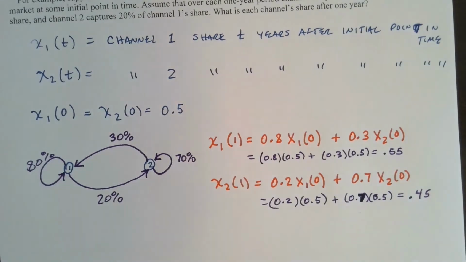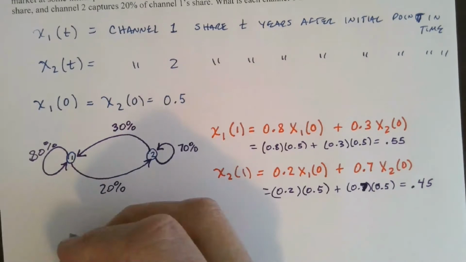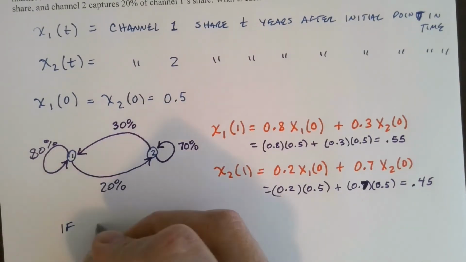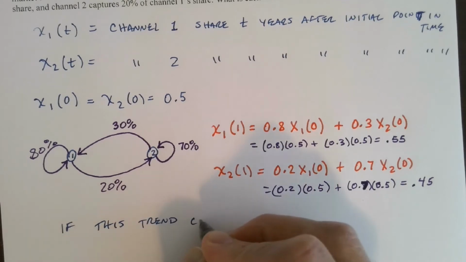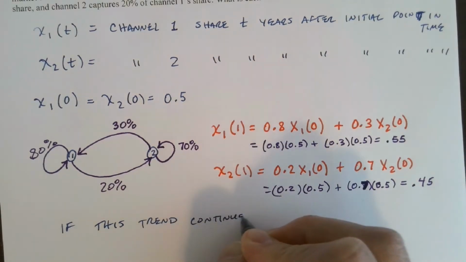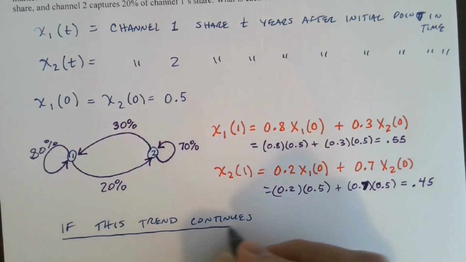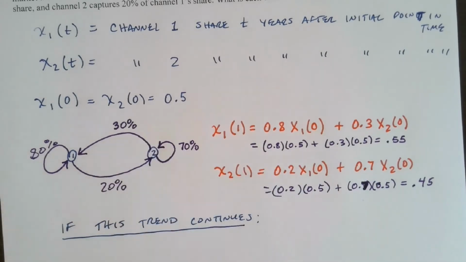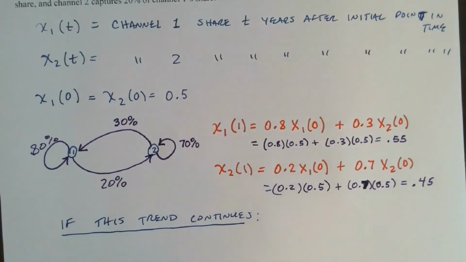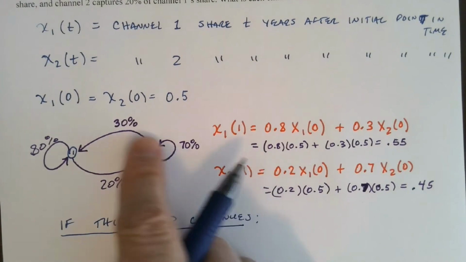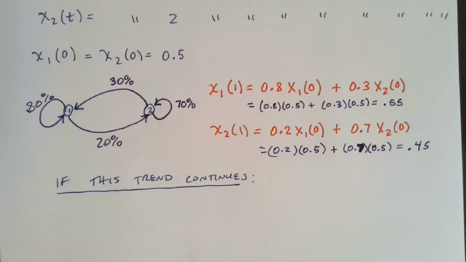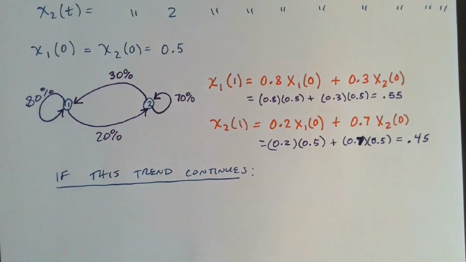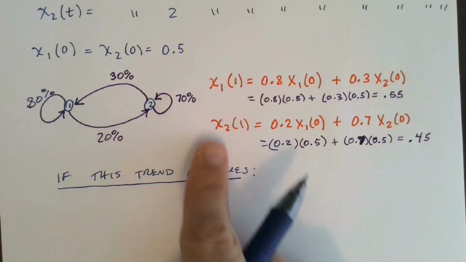But my interest is, what if this trend continues? So year after year, assuming that these rates maintain, every year, 30% leave channel 2 for channel 1 and 20% leave channel 1 for channel 2. What's the trend? What's going to happen? What is the changing values to these variables?